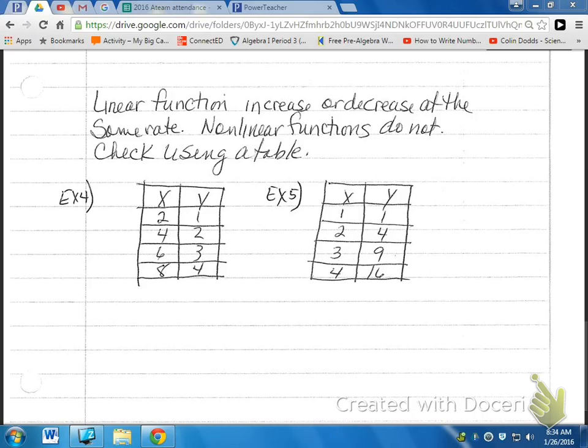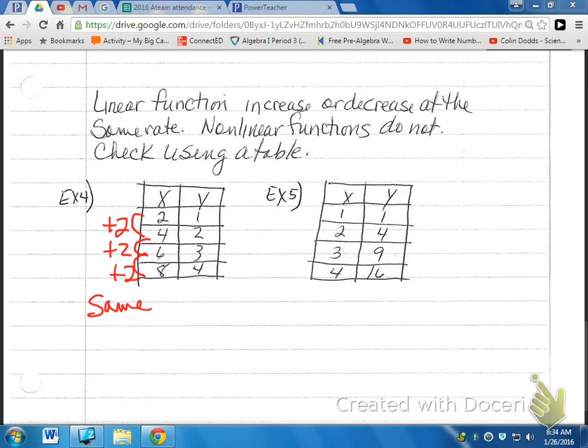So you go down each column, start with the x and then go to the y, and see what the change is from one step to the next. So from 2 to 4, it's plus 2. From 4 to 6, it's plus 2. And from 6 to 8, it's plus 2. Those are all the same. So that's good. That's the same rate.